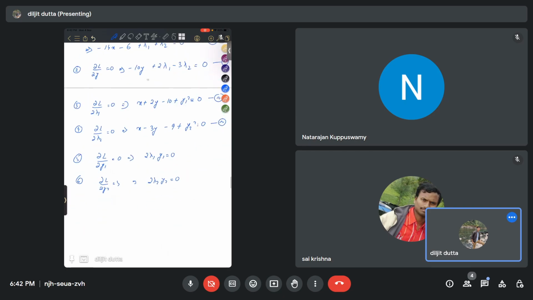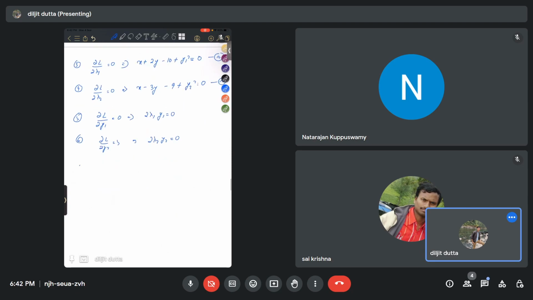So one condition is, let us assume lambda 1 is equal to 0.